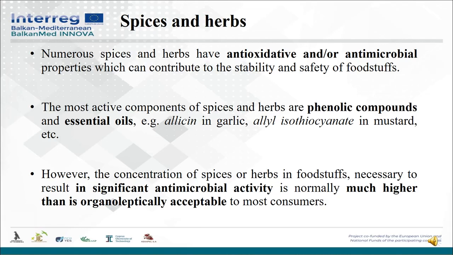This can be illustrated by the case of garlic, in which allicin is found, and in the case of mustard, allyl isothiocyanate is found. However, the concentration of spices and herbs in foodstuff necessary to result in significant antimicrobial activity is normally much higher than is organoleptically acceptable to most consumers.